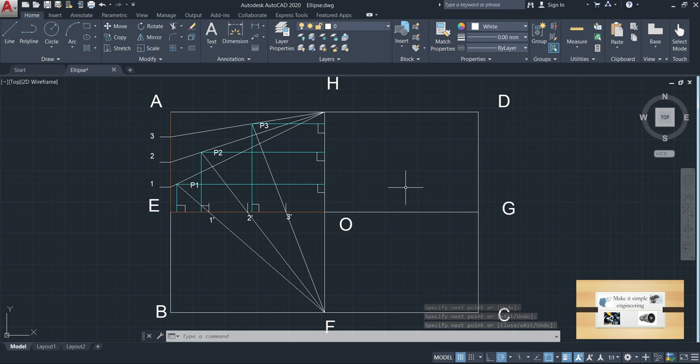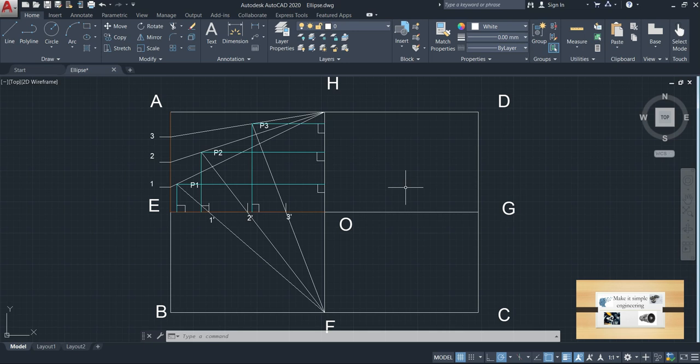As you can see here, the lines from P1, P2 and P3 towards OH and OE are perpendicular lines. OH is the semi-minor axis and OE is the semi-major axis of the required ellipse.